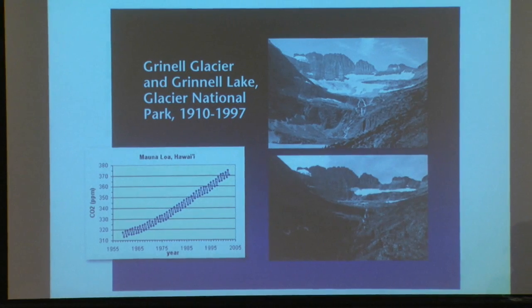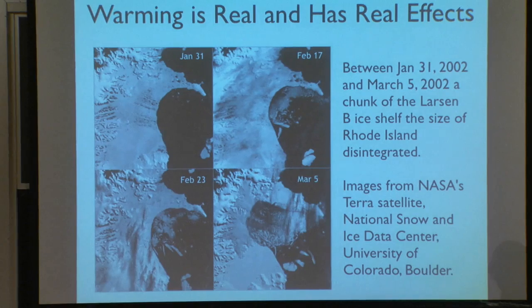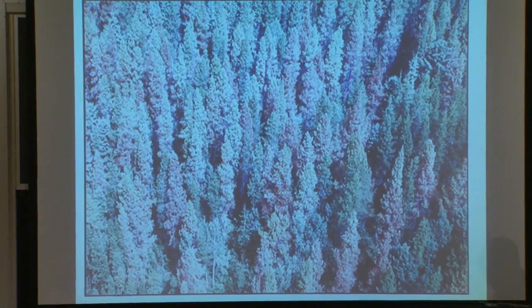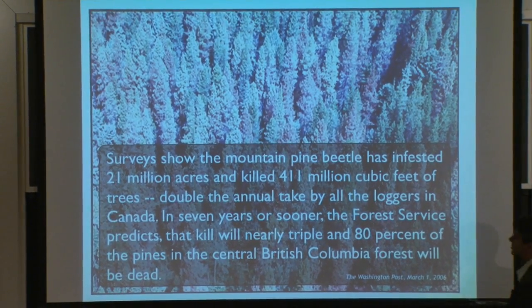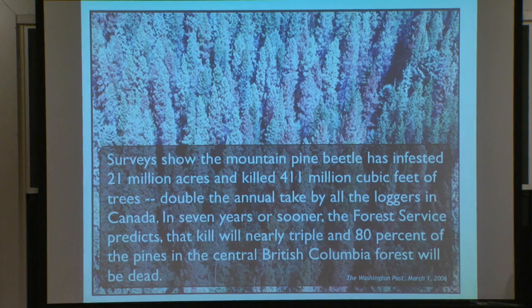Now, there's lots of examples, and you can see things melting the size of Rhode Island, and lots of really great images of what the changes in temperature do. Here's one I like, because you don't always think about the warming in this sense, but the changes in climate also change when things get eaten, like animals that eat trees, like this beetle.